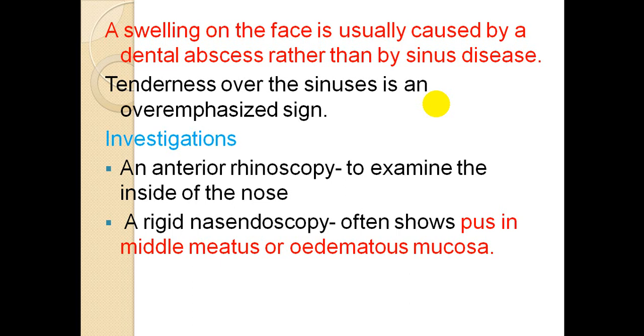The investigations of acute sinusitis: an anterior rhinoscopy to examine the inside of the nose, a rigid or flexible nasoendoscopy often shows pus in the middle meatus or edematous mucosa. These are signs of acute sinusitis: presence of pus within the middle meatus or edematous mucosa.